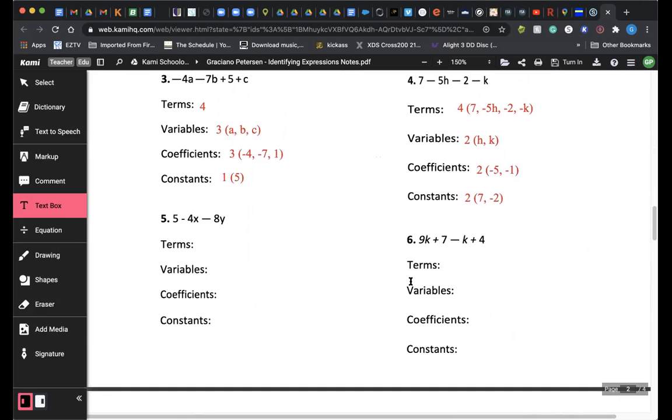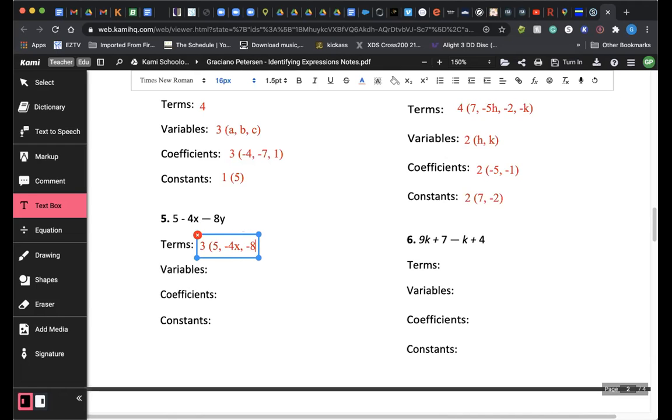All right, let's try number 5 together, and then you guys are going to do number 6 on your own. So how many terms do we have in number 5? We're going to count them. We have 1, 2, 3 terms. Those terms are 5, -4x, and -8y.